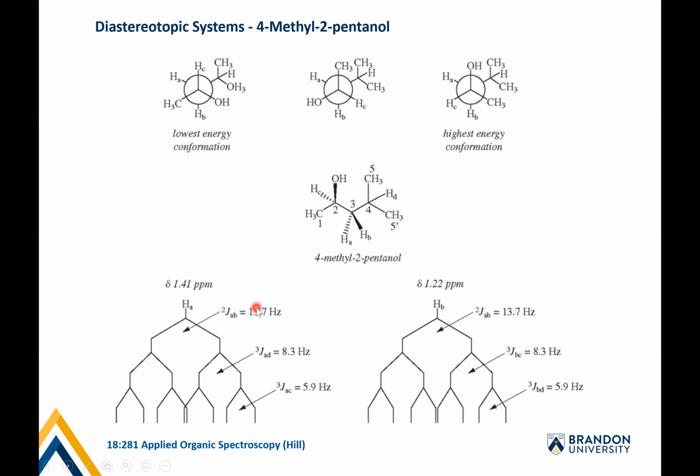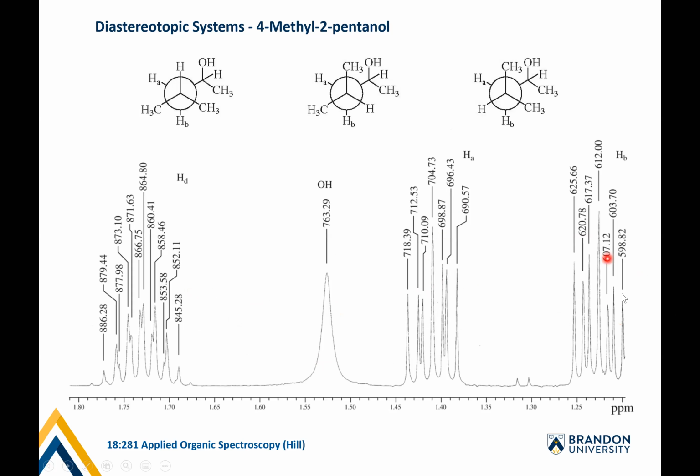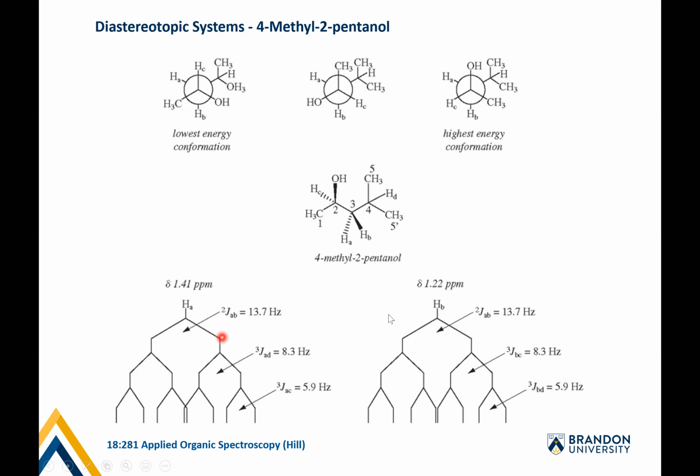So, right, the splitting. Here are 2 splitting patterns back here, 4.1 and the 1.23 or wherever it would be. The coupling constants in each of them are very similar.